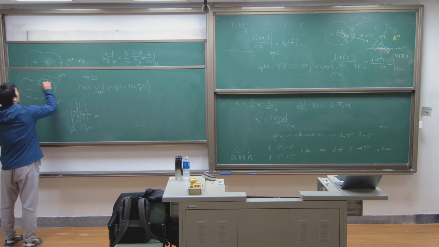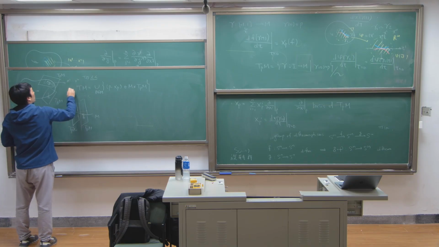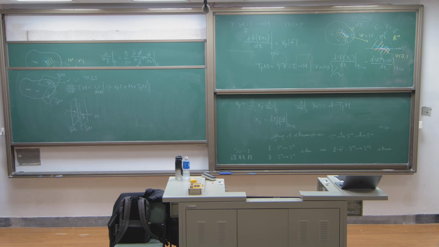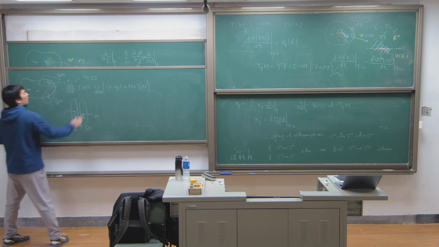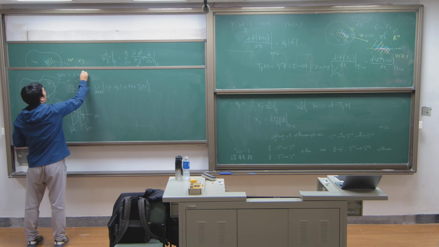At this point, you can have the open patch U mapped to coordinates x1 to xn. Okay, like this way. Then here you can have a vector alpha^i ∂/∂x^i.